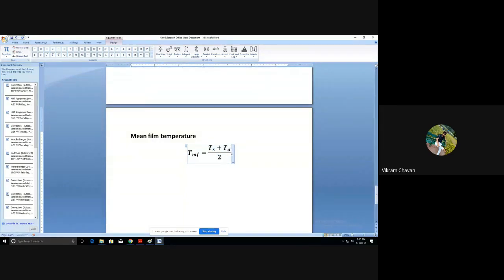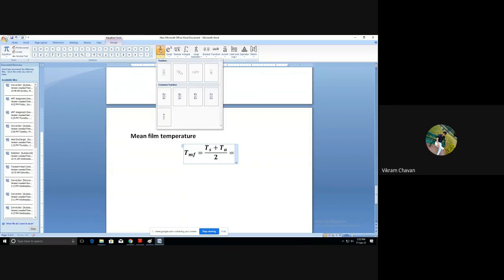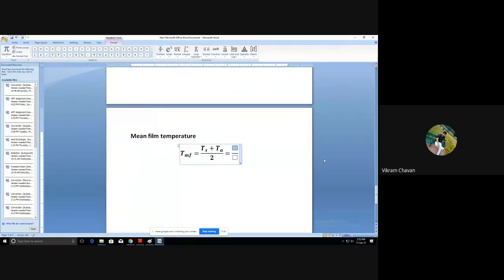The surface temperature is 160.14 and the surrounding temperature is 32, divided by 2. Now take the average temperature. How much is it?